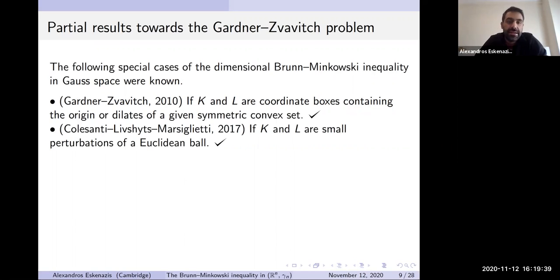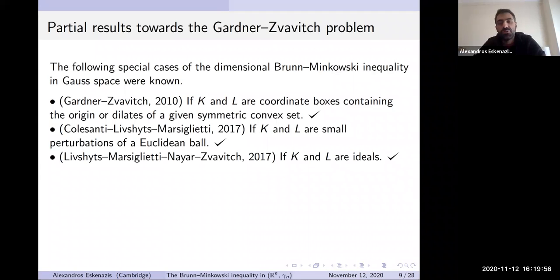Then Kolesnikov, Livshyts, and Moschidis proved the inequality if K and L are small perturbations of a Euclidean ball. So they sort of proved it infinitesimally around the Euclidean ball by using the spherical Poincaré inequality. Then Livshyts, Moschidis, Gardner and Zvavitch proved it if K and L are ideals. Now, I'm not going to define ideals exactly, but a special case of that is if K and L are what we call unconditional convex sets.